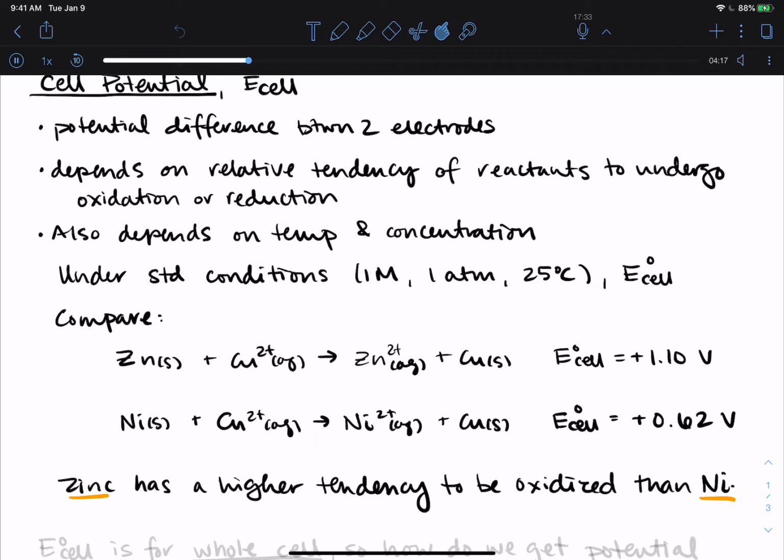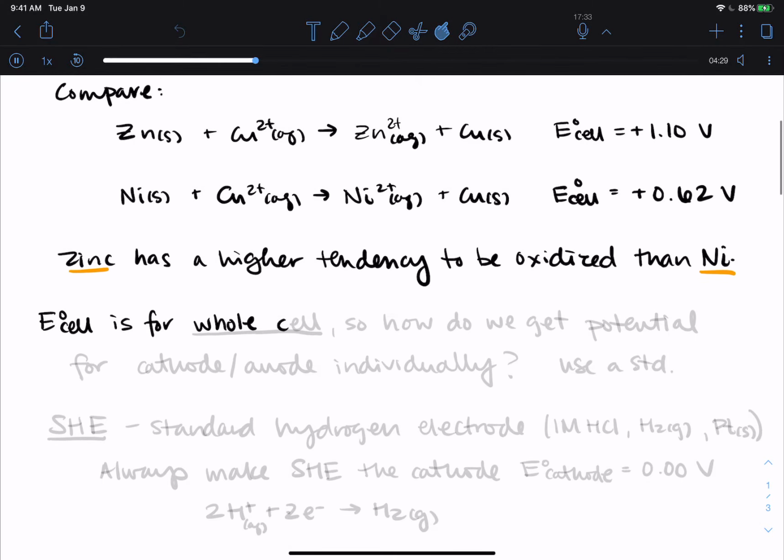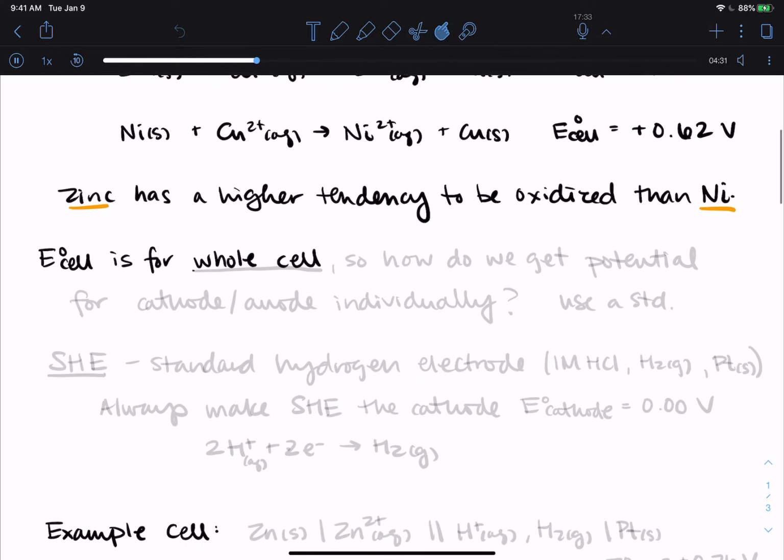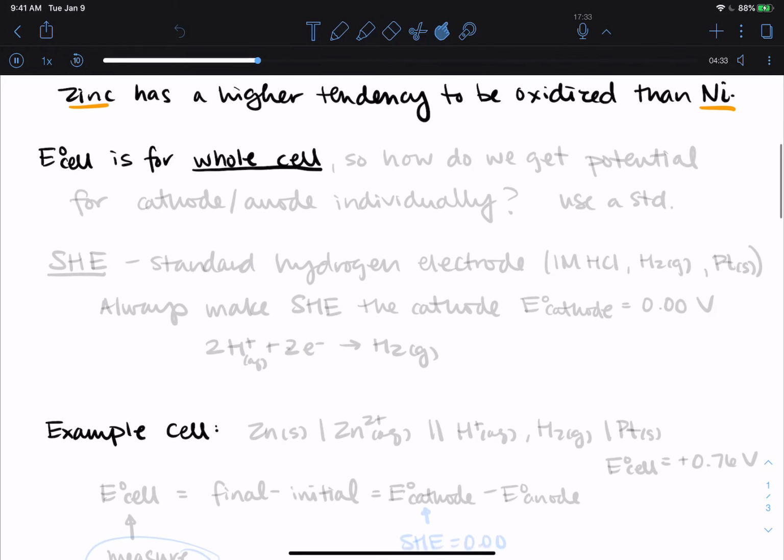Okay, so this standard cell potential, I mean any cell potential, but right now we're talking about standard, is for the whole cell, so the entire piece with the anode and the cathode.